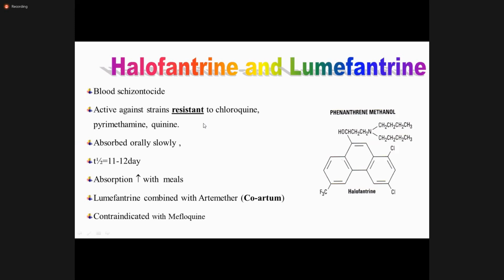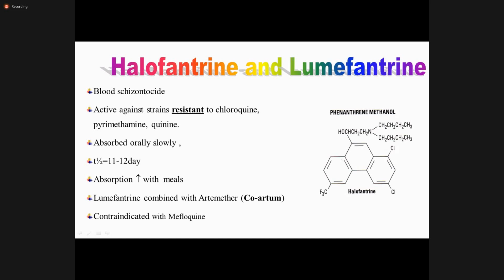They act in chloroquine-resistant cases, and they are combined with artemether, and this combination is known as Coartem. Coartem is a very good combination nowadays. This drug is very well known. When you combine artemether with lumefantrine, it is a classical combination known as Coartem. So this drug is effective.